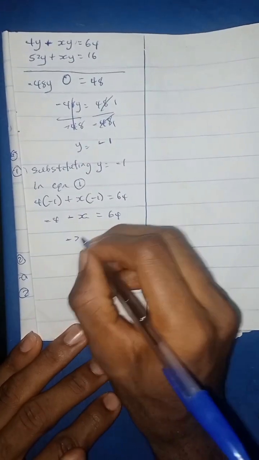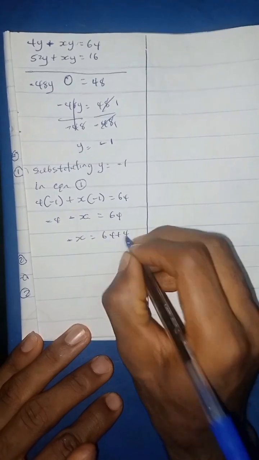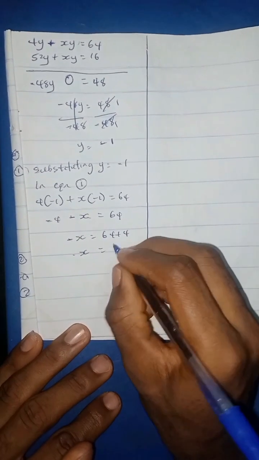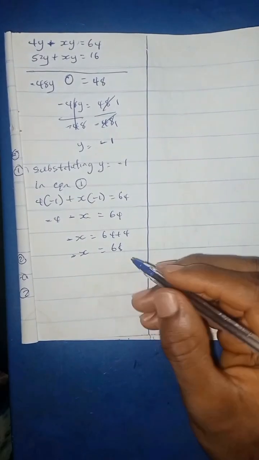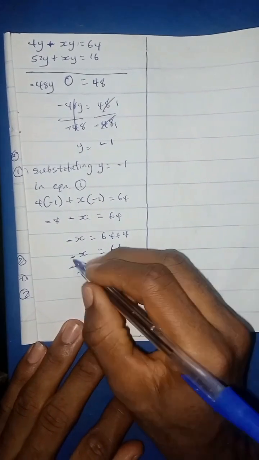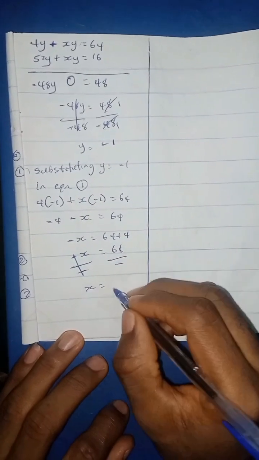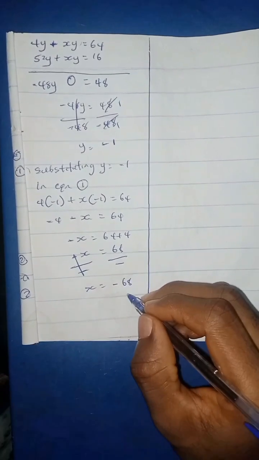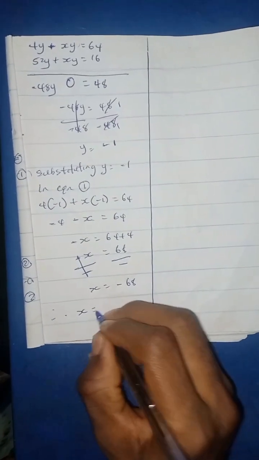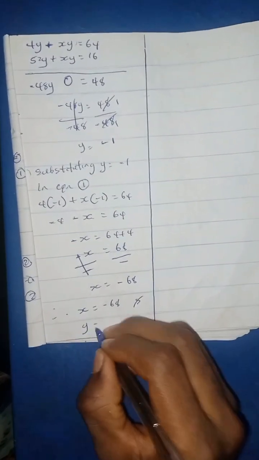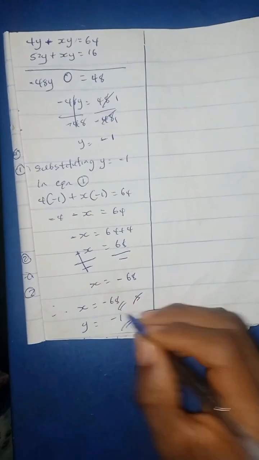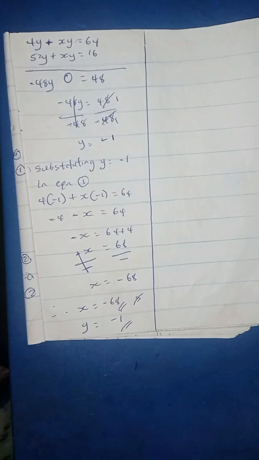We're left with minus x is equal to 64 plus 4, so minus x is now equal to 68. Then when you divide both sides by minus, the minus will cancel. You're left with x is equal to minus 68. So therefore x is equal to minus 68 and y is equal to minus 1. And these are your final answers for question 4.